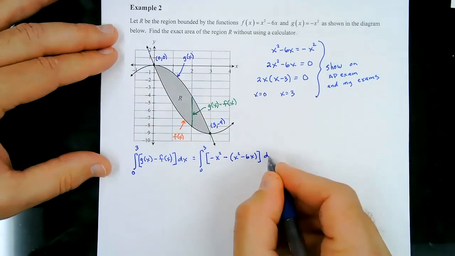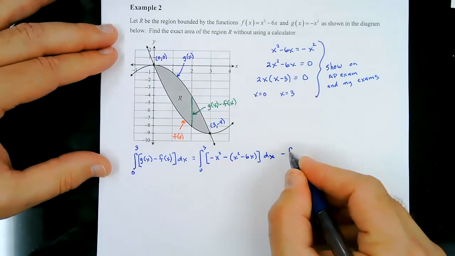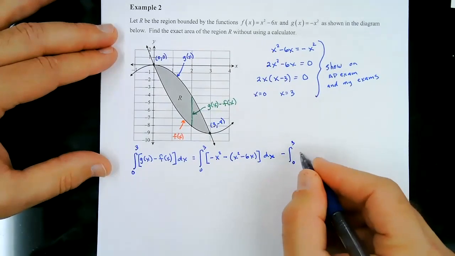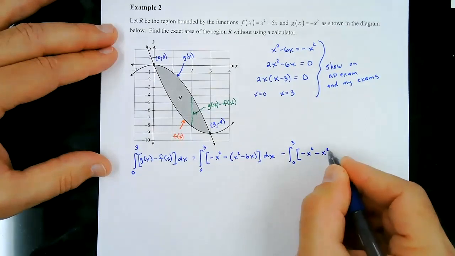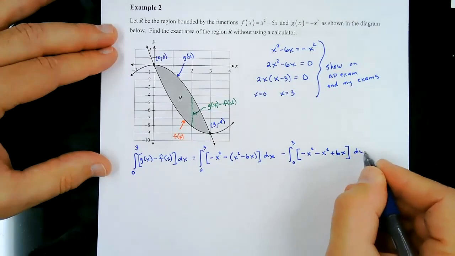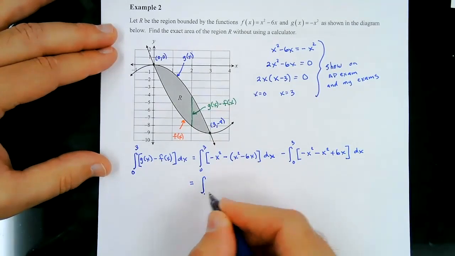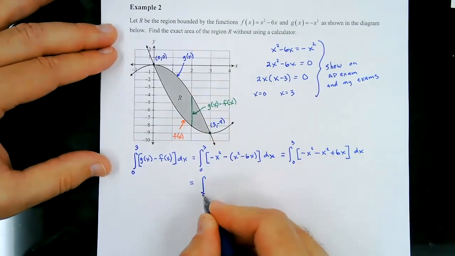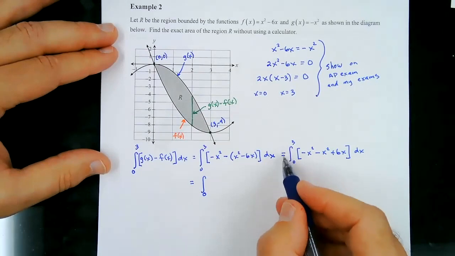Close my bracket, and then dx. I'm going to clean this up a little bit. That's going to be the integral from 0 to 3 of negative x squared minus x squared plus 6x dx. Be careful, because that could have looked like a negative. That's an equals right there.